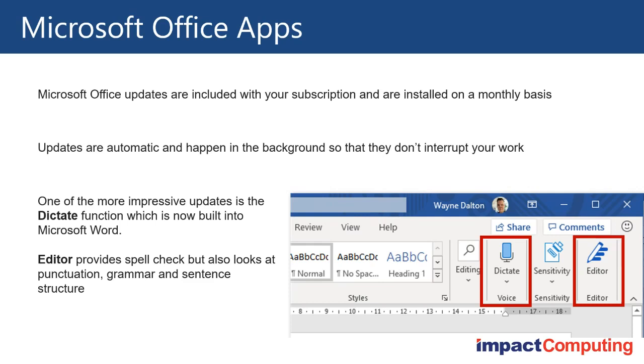Once you've dictated a document, you can then use the editor feature, which some people have described as a spell checker on steroids. So as well as checking your spelling, it checks your grammar, your sentence structure. You can tell it to check for things like political bias. And there's probably at least a dozen other categories that it can look for to monitor your sentence structure and overall grammar.